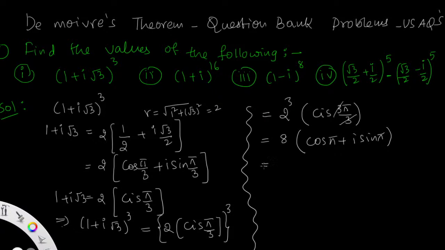Now in simplified form it is 8 into cos pi, which is minus 1, and sin pi is 0. So 8 into minus 1 becomes minus 8. Cos pi is minus 1 and sin pi is 0.